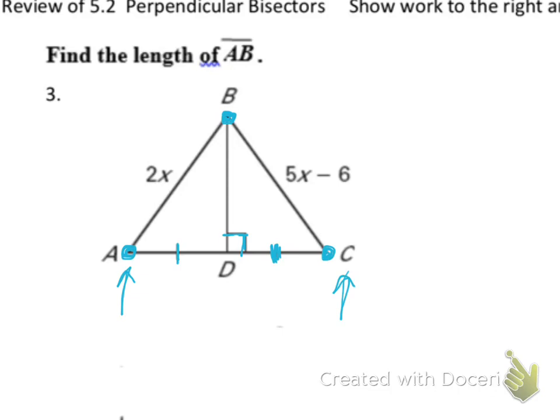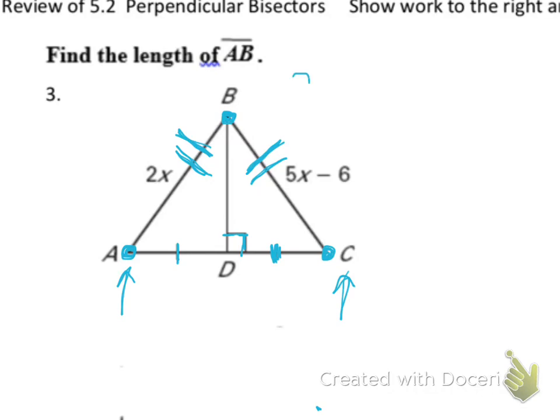So that means this leg of the triangle equals this leg of the triangle, forming an isosceles triangle. I'm going to give these 2 hash marks. So I have an isosceles triangle by virtue of the action of what I've identified as a perpendicular bisector.